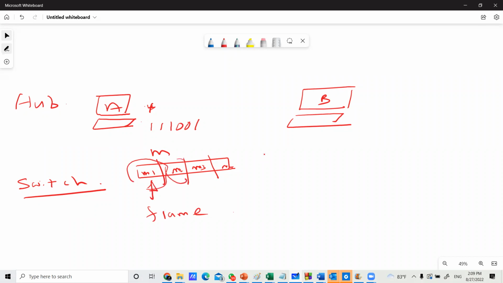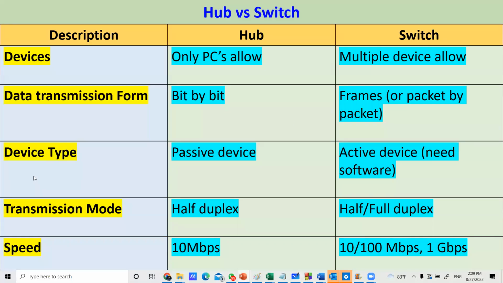In that way, packets are sent to the ending location. That is called frame by frame. In that way, we can send data only using the switches in the network. Right. Only for the knowledge, try to remember that also.